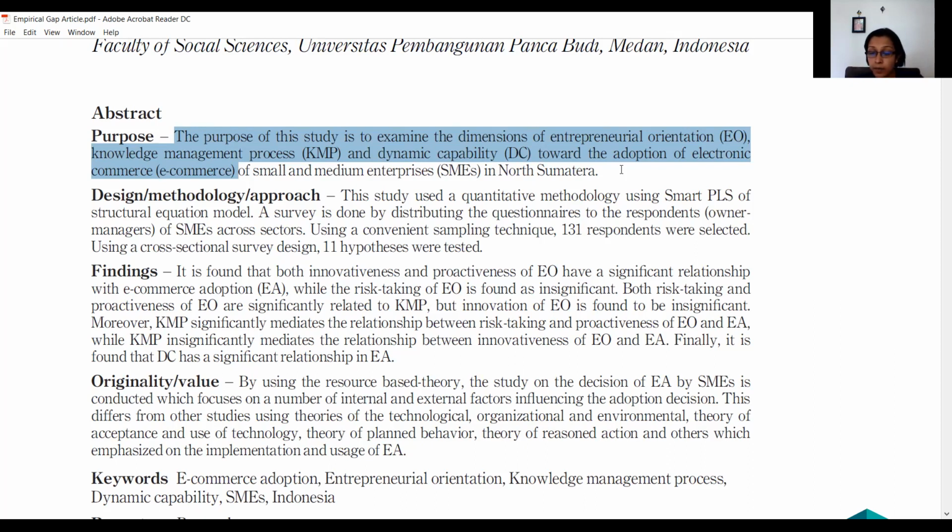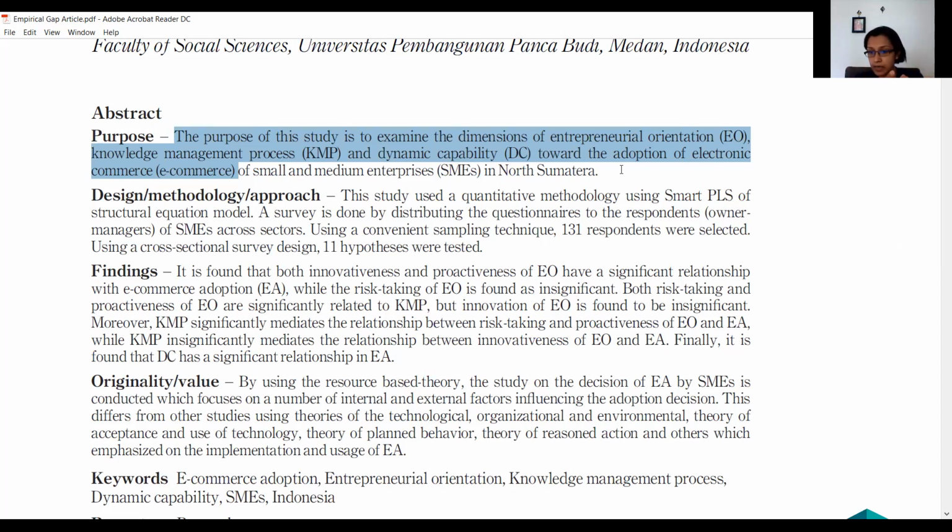You see how our knowledge is going to enhance from one article. Now, instead of just electronic commerce adoption, I'd like to connect it with entrepreneurial orientation, knowledge management, and dynamic capability.